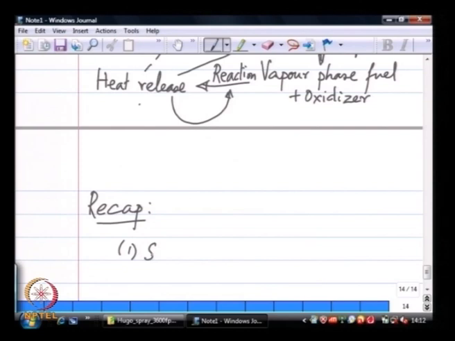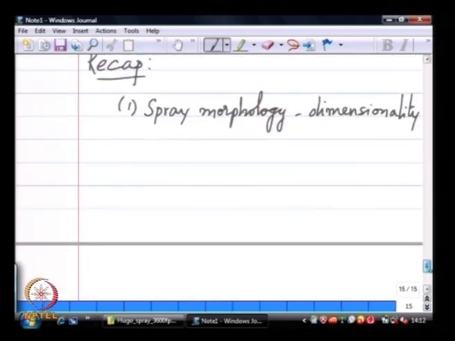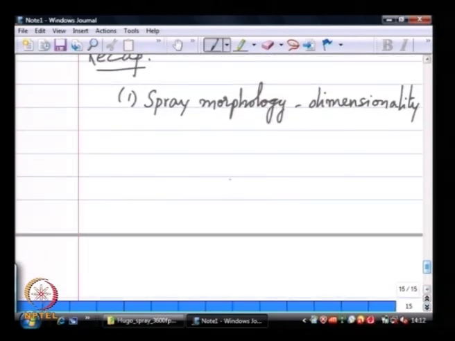So, first thing we understood spray morphology or dimensionality. Some feel for numbers associated with a real spray. Okay. And then we listed a few different applications.